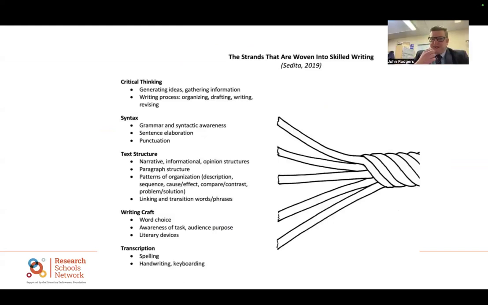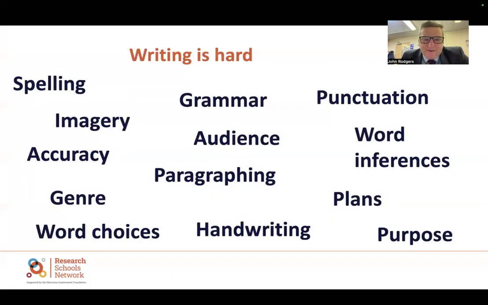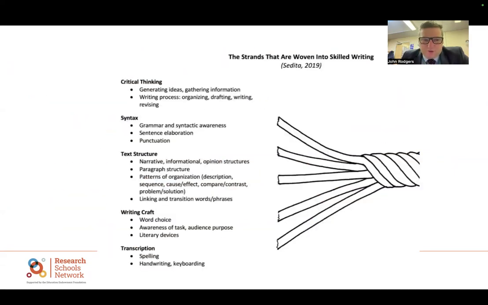This first one shows some of the strands that the previous slide pointed towards. We've got the critical thinking, executive function things at the top, generating ideas, gathering information, marshalling that information into what's going to be necessary, what's going to answer the question. Then the process of organizing, planning, drafting, monitoring, evaluating, revising.